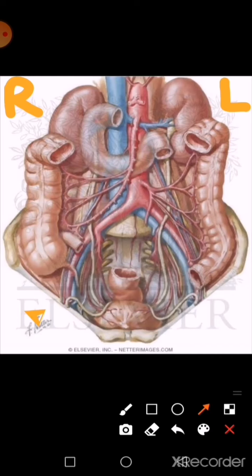So what is the first relation as the ureter on the right side is descending? It is behind the third part of the duodenum. So the first anterior relation of the abdominal part of the ureter is the third part of the duodenum.